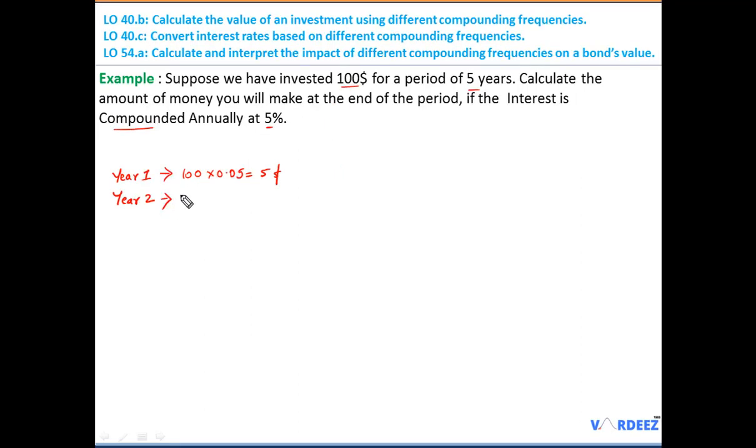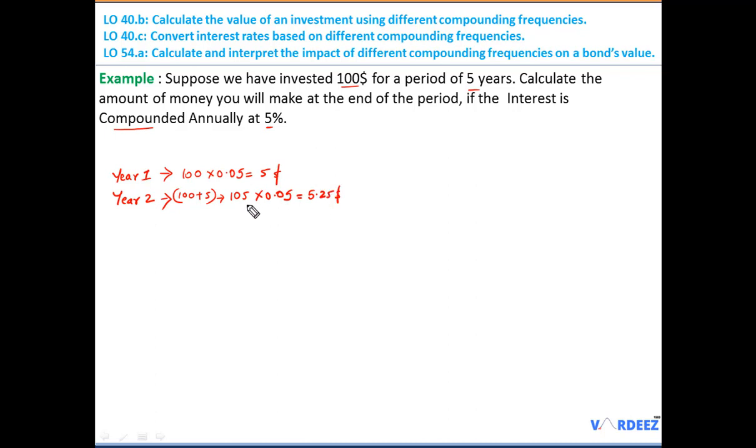In year 2, we're going to be taking this 100, the investment, plus the interest that we have earned, so that is going to be 105 multiplied by the 5% of interest for year 2, and that is going to be $5.25.